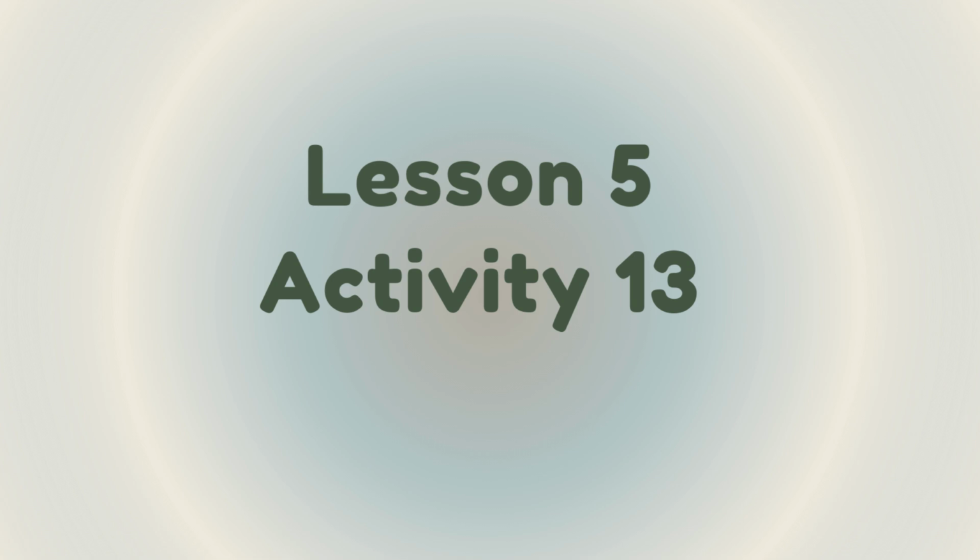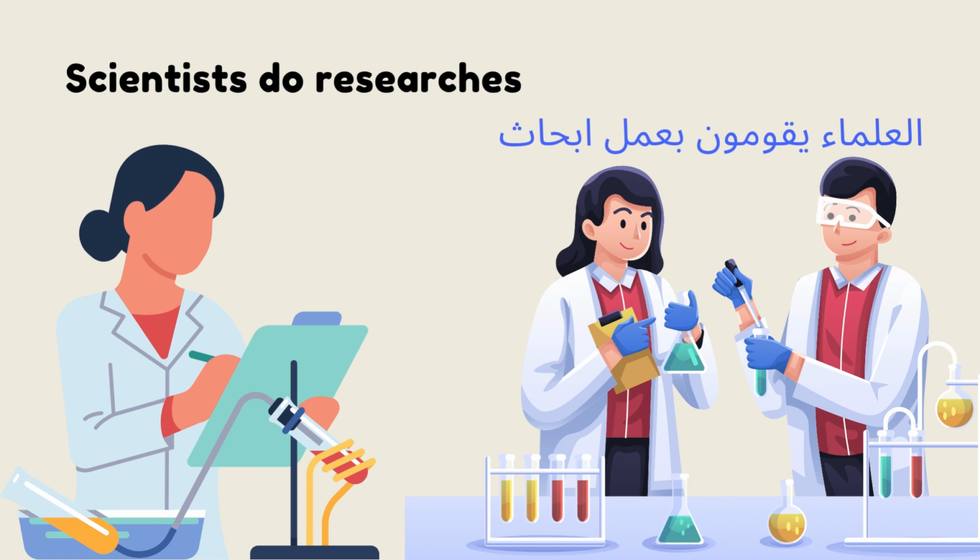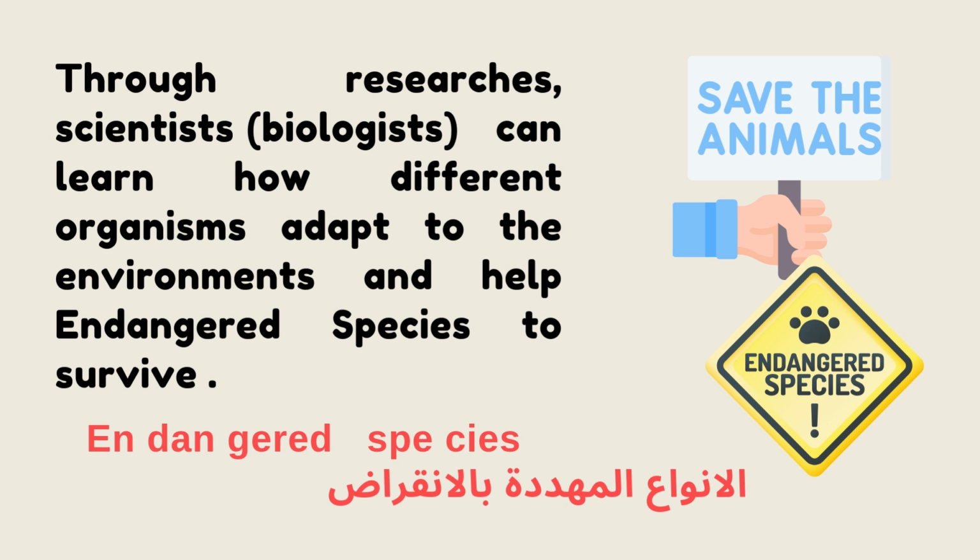Now we will start lesson 5, activity 13. You know that scientists do experiments and research, and through this research, scientists, especially biologists, who study biology, who study living organisms, can learn how different organisms adapt to their environments and help endangered species to survive.